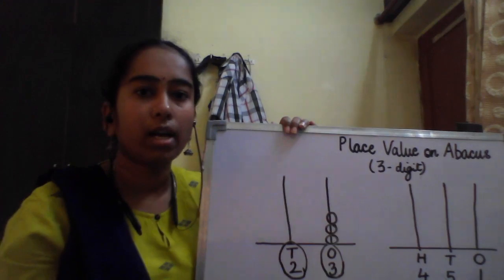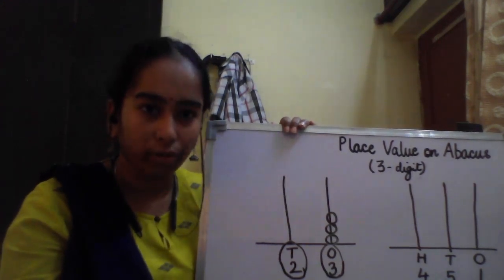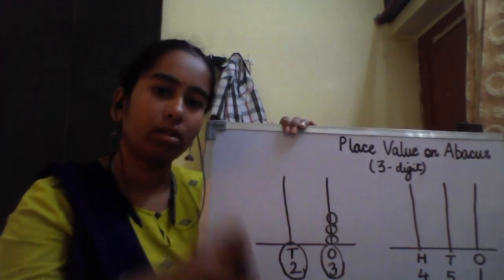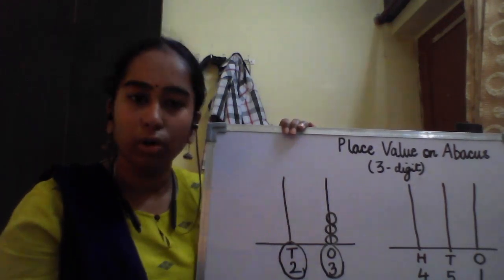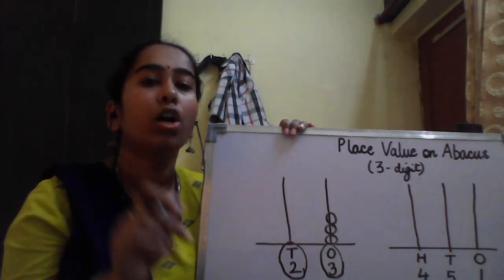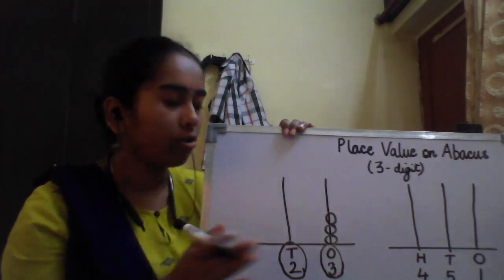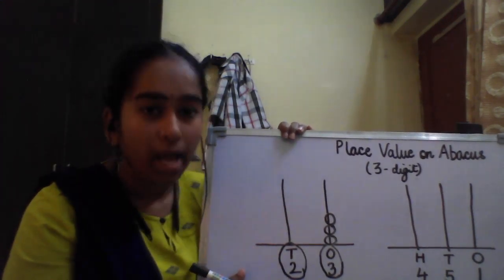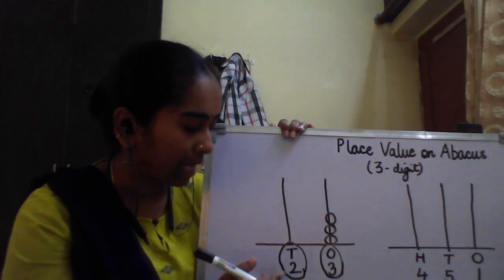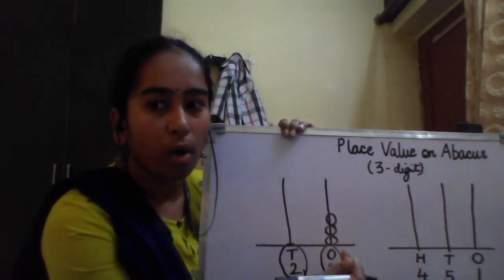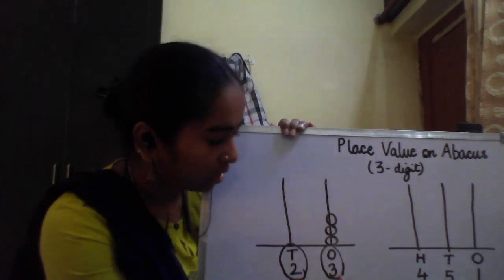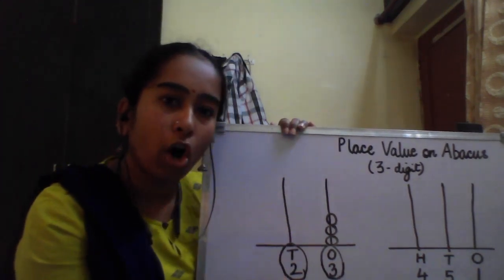If you have an abacus in front of you, you can put 3 beads. If you don't have an abacus, don't worry. If you have a notebook, draw an abacus in your notebook, with ones on the right side and tens on the left side. Do it with me.